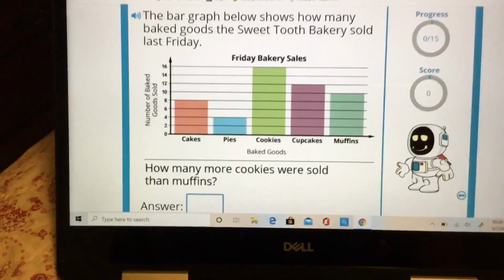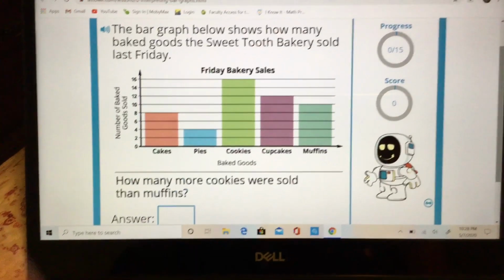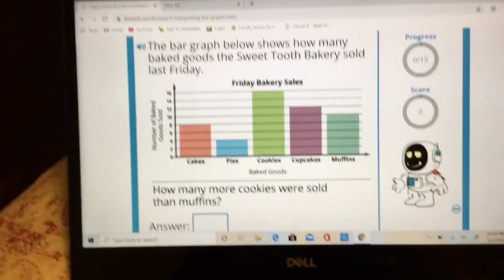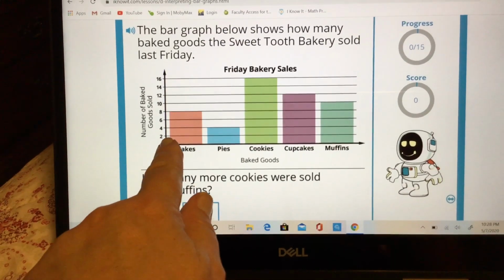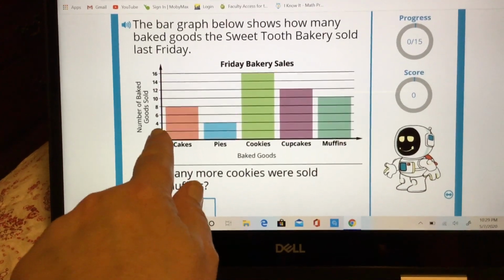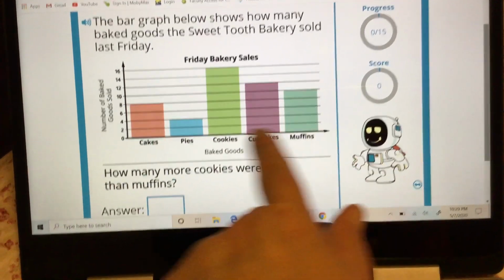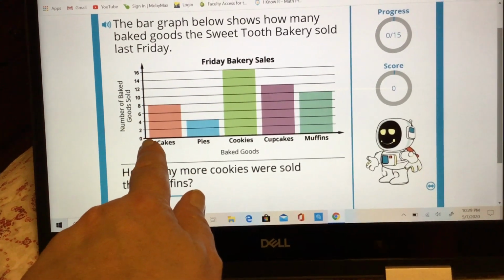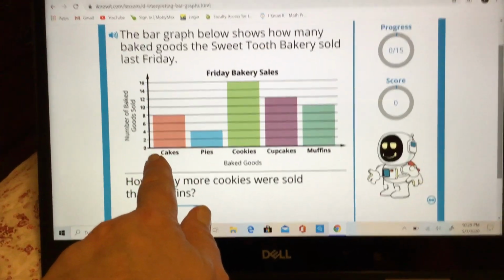So there are different types of graphs that we can use, but everything is set up on a horizontal and a vertical.